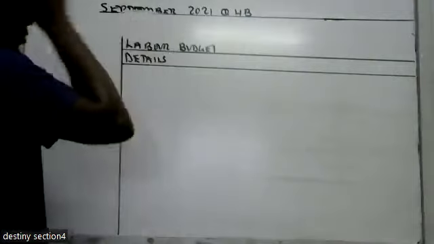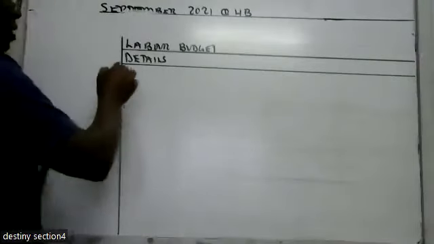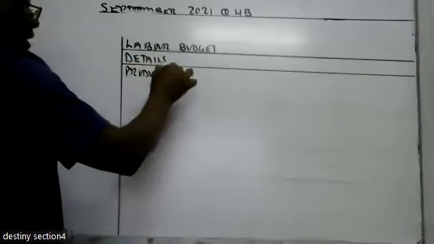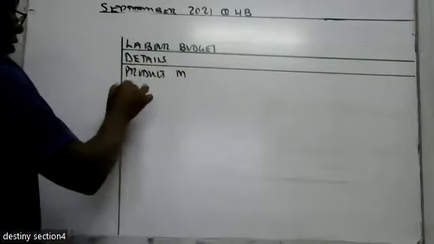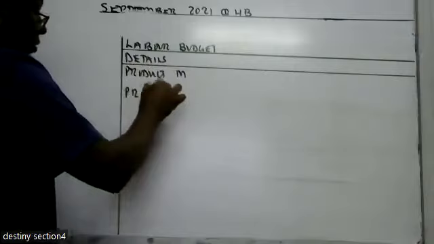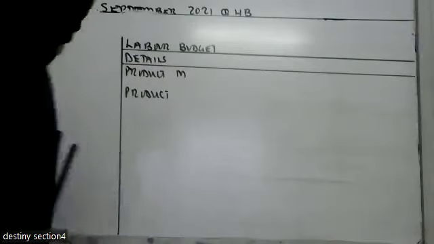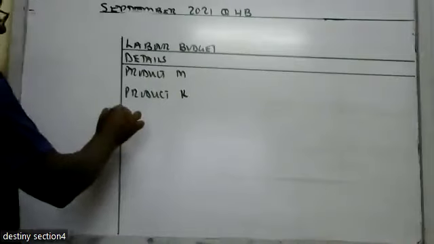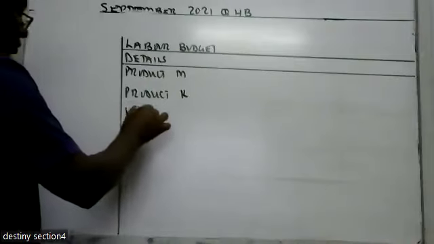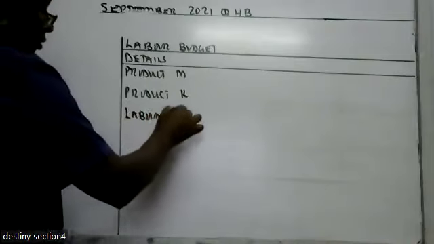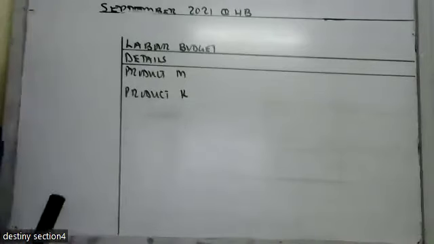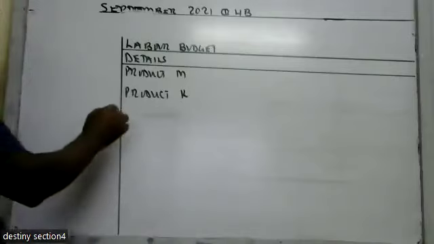details. So details, we have product M, then we have product huyo mwingine anaitwa K, labor hours used, or you don't have to put the word labor because you already know we are in labor budget.